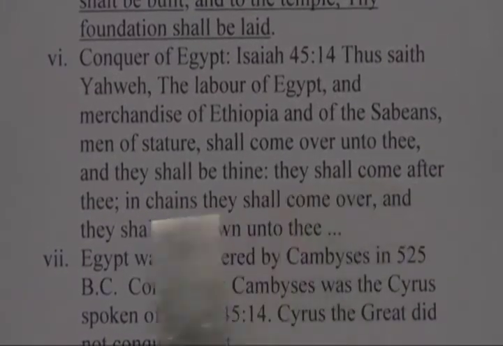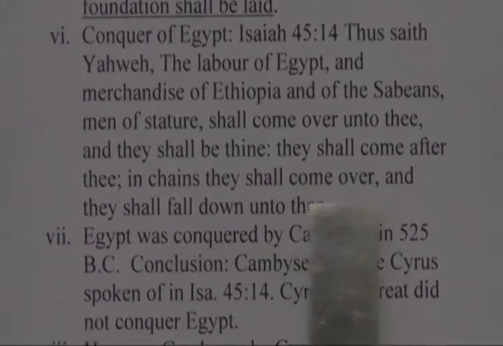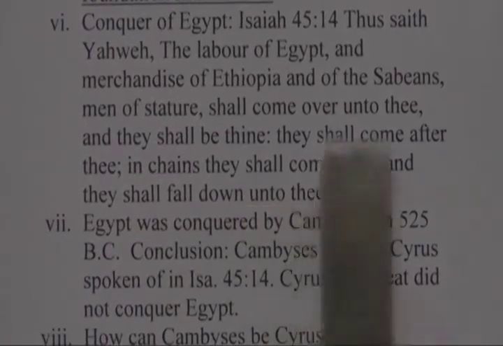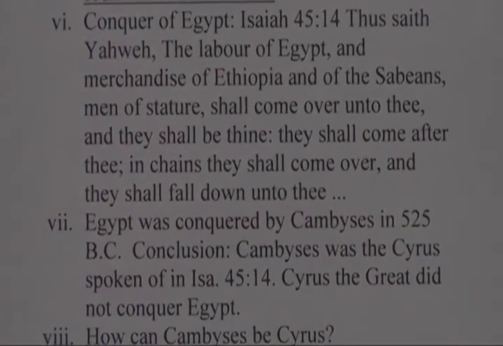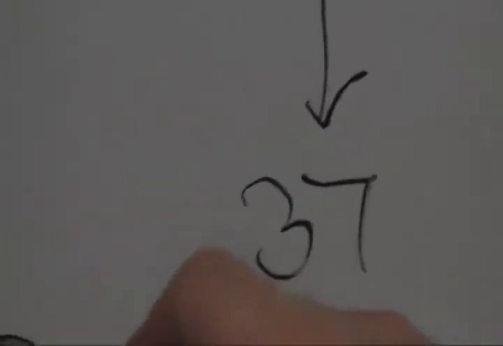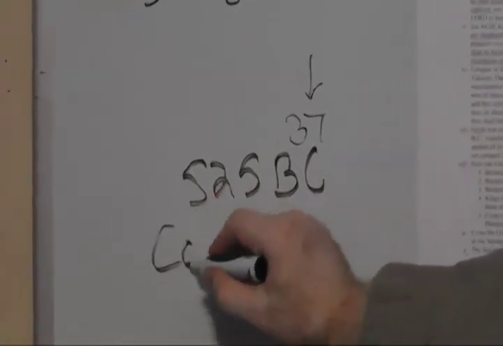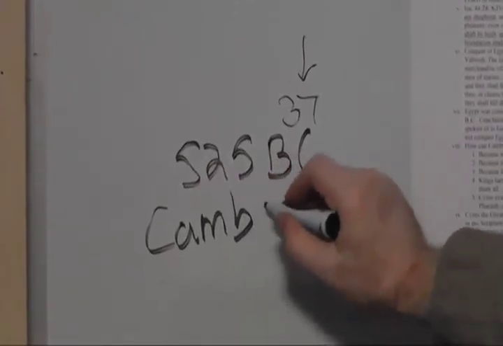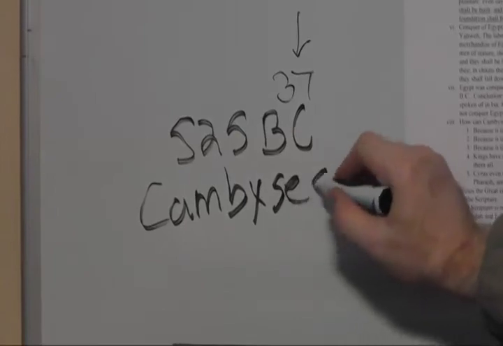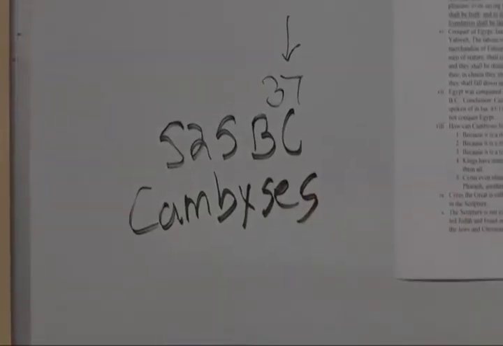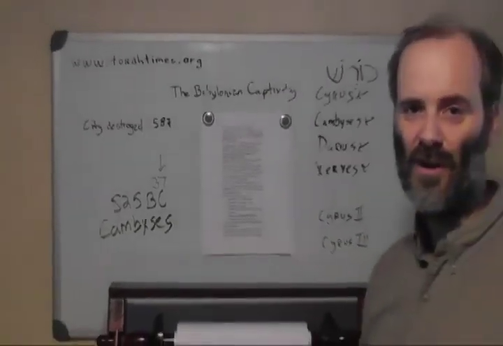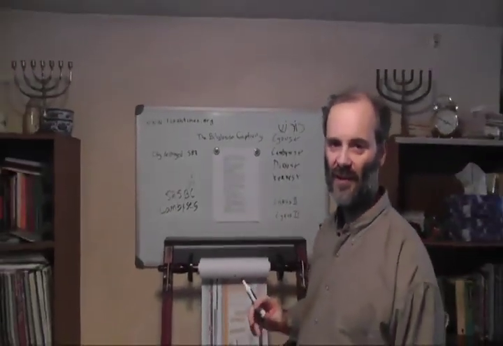They shall come after thee, in chains they shall come over, and they shall fall down unto thee. From history we know that in 525 BC, it was Cambyses that conquered Egypt, not Darius the Great before him. We're going to take this up some more in the next segment.